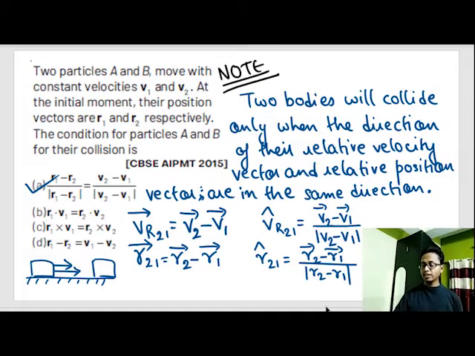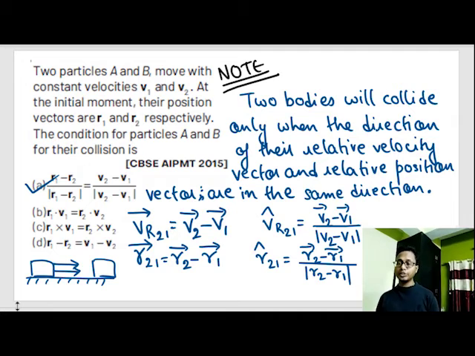Otherwise they won't collide. Suppose the relative velocity is running out here instead of along this line, can they collide? No, they'll just pass away. So in order for them to collide, the direction of the position vector and the direction of the velocity vector have to be the same.